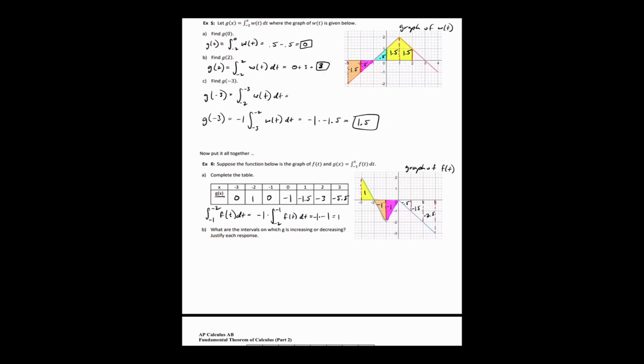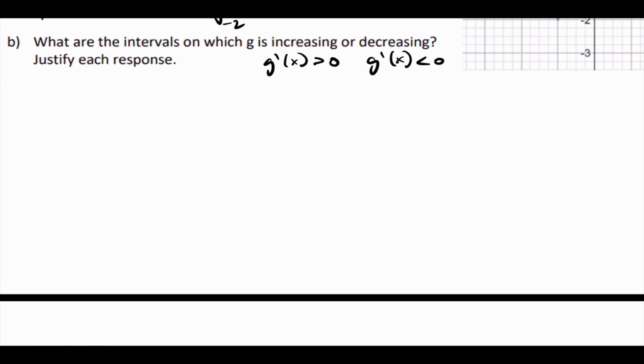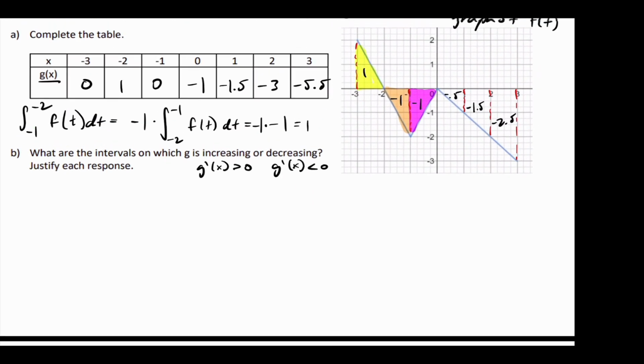So let's write this down. G prime positive, G prime negative. That's going to be our justification. What the heck is G prime? We know what G is, right?